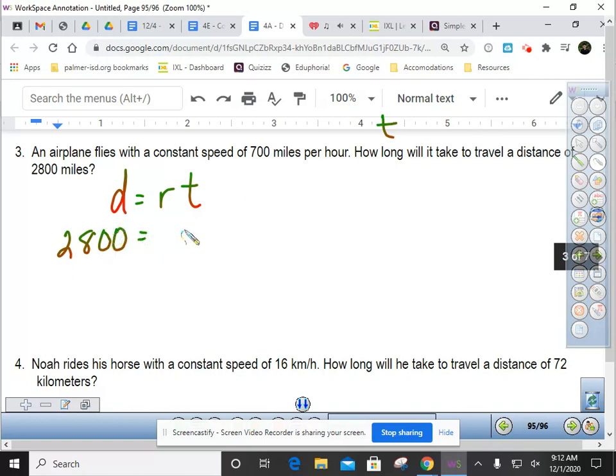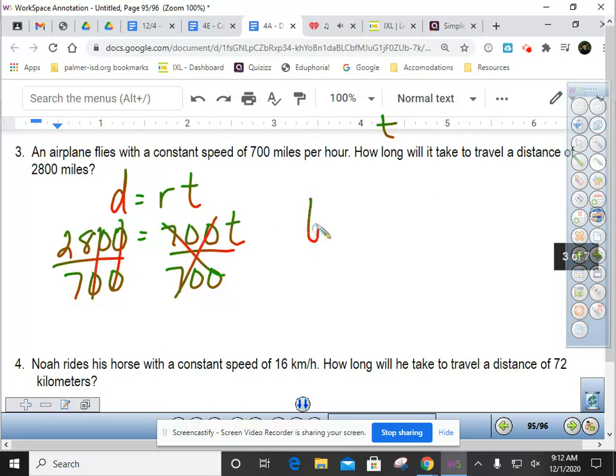What is the rate? 700 miles per hour. And the time is what we don't know. How do you solve that? Divide both sides by what? 700. And you can mark out the zeros. What is the time? 4 hours. Number 4.